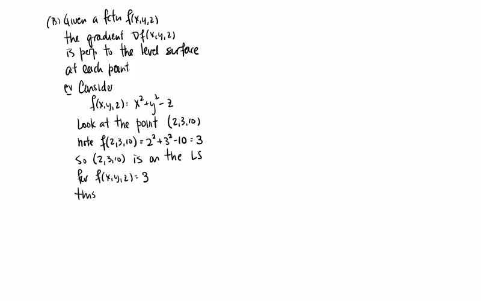If I take that function f set equal to 3, we add a z and subtract a 3, so z is x squared plus y squared minus 3. This is a paraboloid opening up with vertex at negative 3.